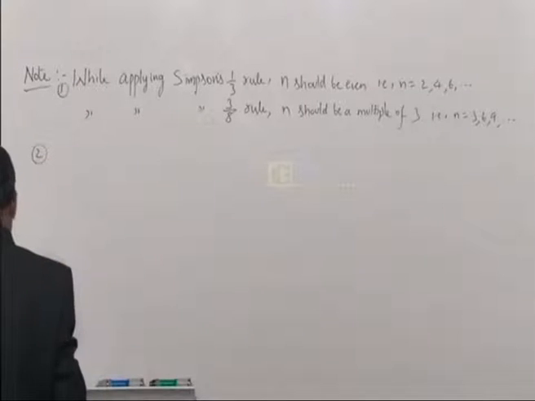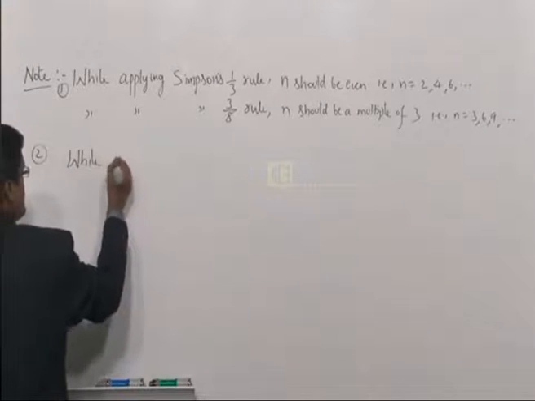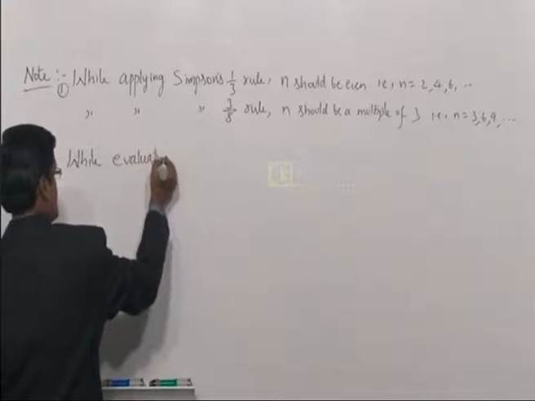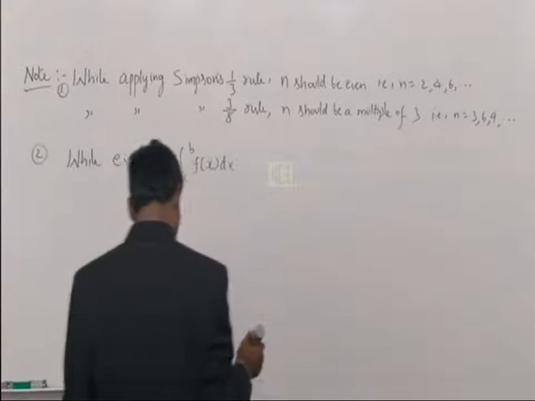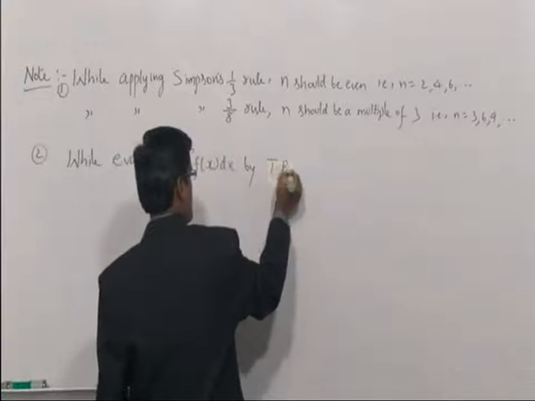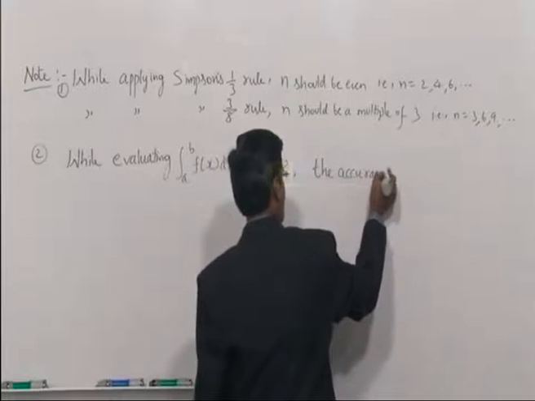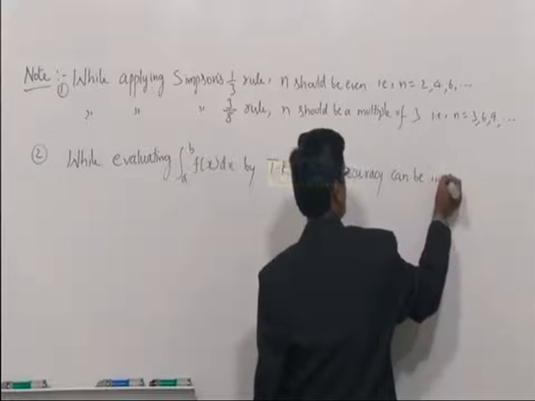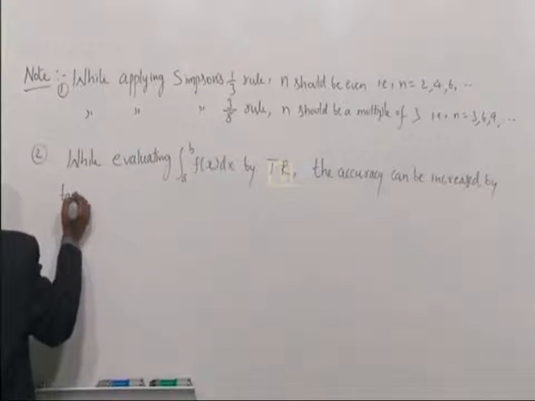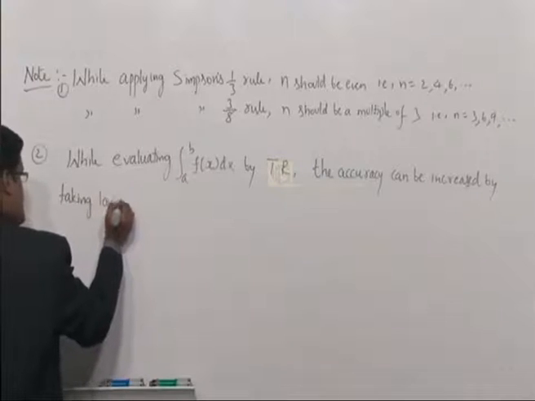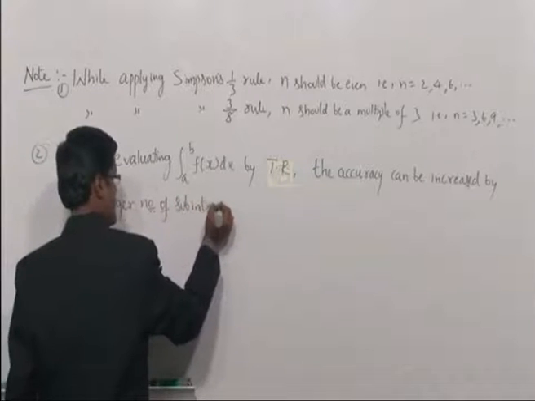Second point. While evaluating the integral from a to b of f of x dx by the trapezoidal rule, the accuracy can be increased by taking a larger number of subintervals.